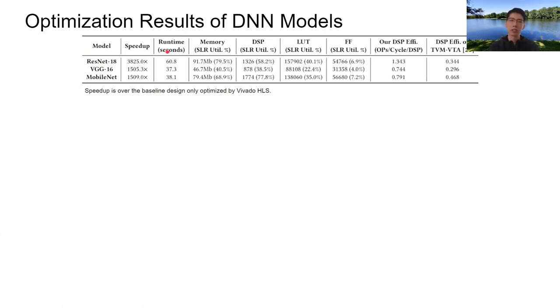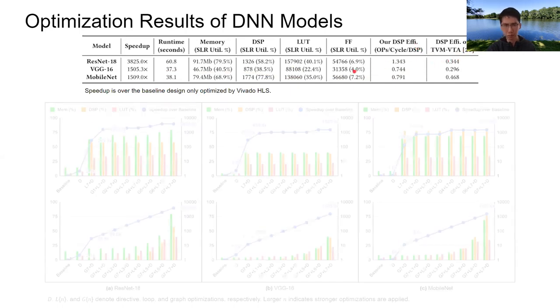But we just use about 60 seconds to optimize the ResNet-18 model and achieve thousands of times speed up. And if we compare with some widely accepted DNN acceleration frameworks such as TVM VTA, we actually achieve even better DSP efficiency than them.